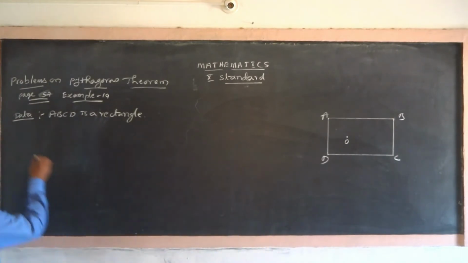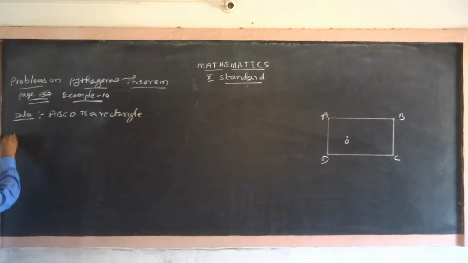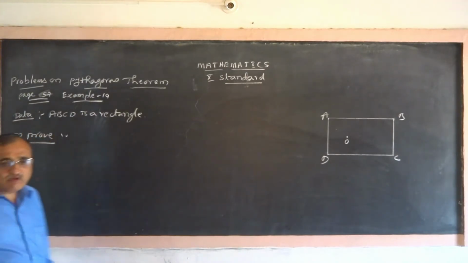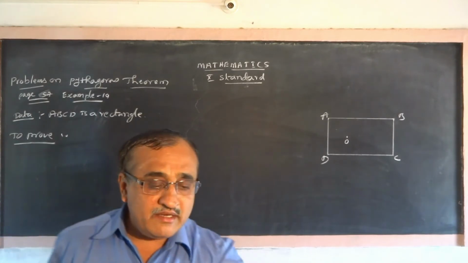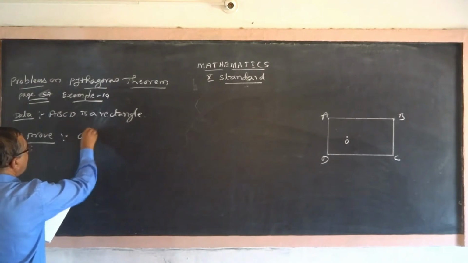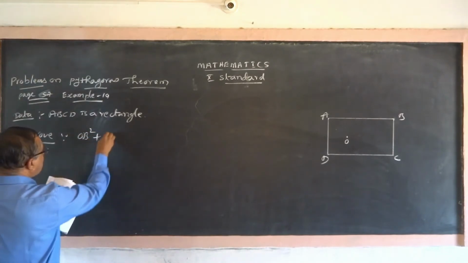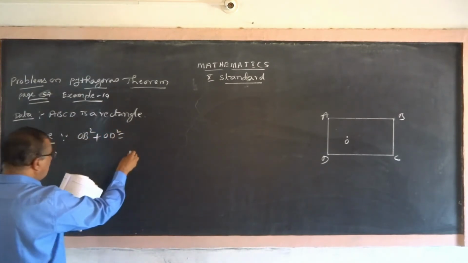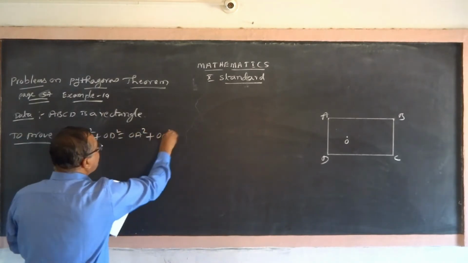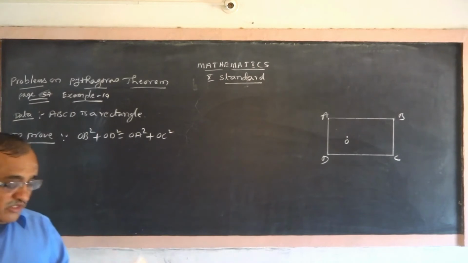Next, to prove: what we require to prove? We have to prove that OB square plus OD square is equal to OA square plus OC square.